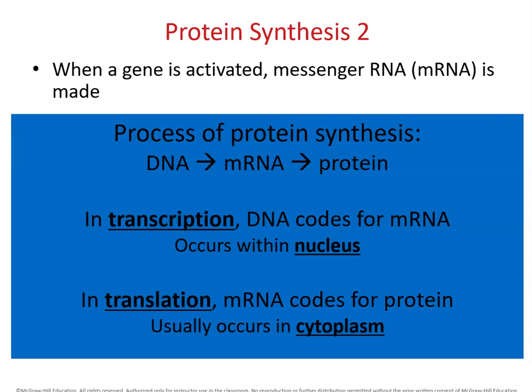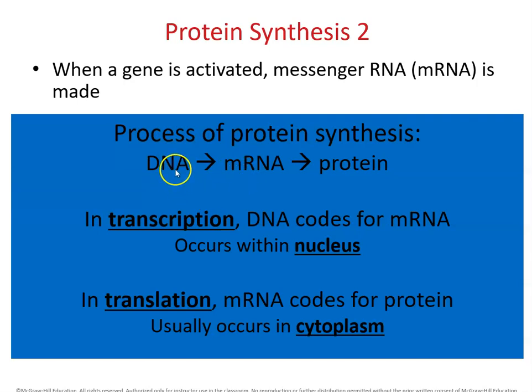So here's the process of protein synthesis. We start with the DNA molecule. From the DNA molecule, we make an mRNA template, and that mRNA template is translated into a protein. So this first step, DNA to mRNA, is transcription.